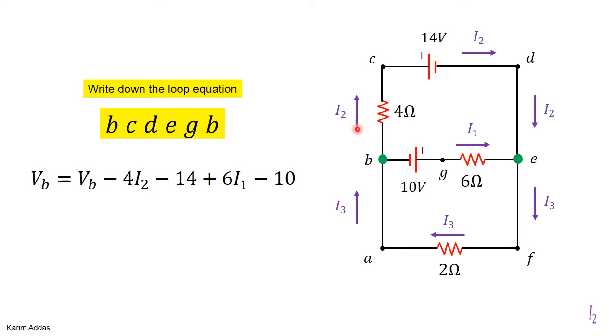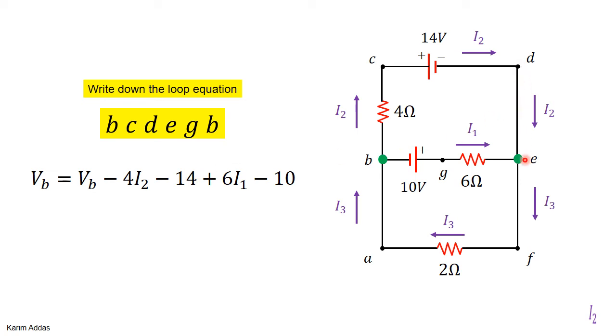Based on this direction of current, the current goes from high potential to low potential, so the potential at C is lower. Lower by how much? 4I2. And then when I go from this point to this point, what happens to the potential? The potential at D, is it lower or higher than C? The negative side of the battery is facing D. That means the potential at D is lower. Lower by how much? By 14 volts.